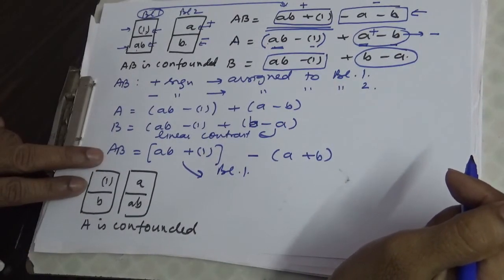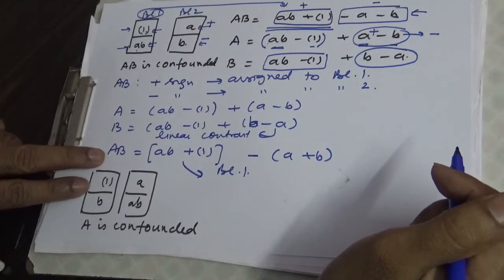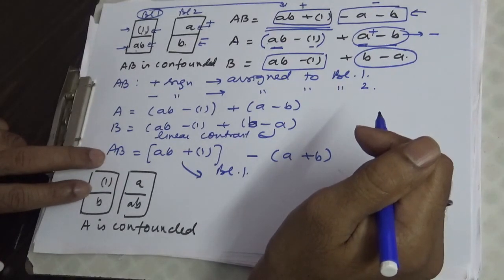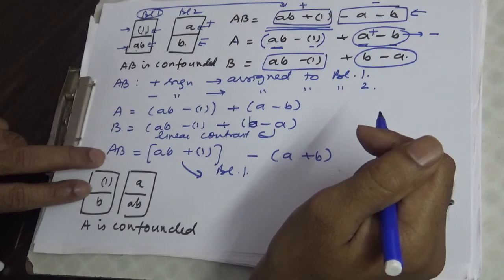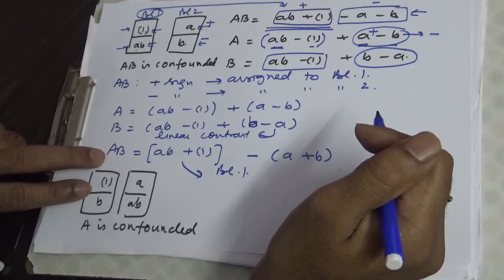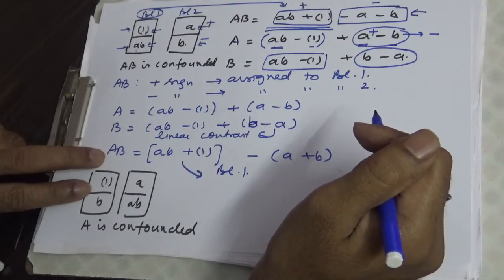So in the case of AB, the treatment combinations 1, A, B and AB have been assigned to the two blocks, block 1 and block 2, such that within the block they are not making the linear contrast. Okay.